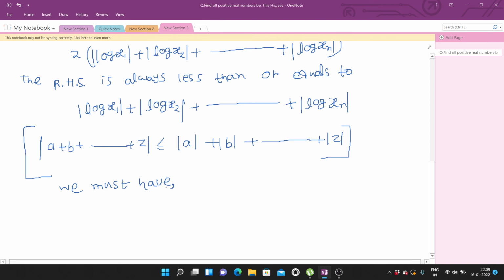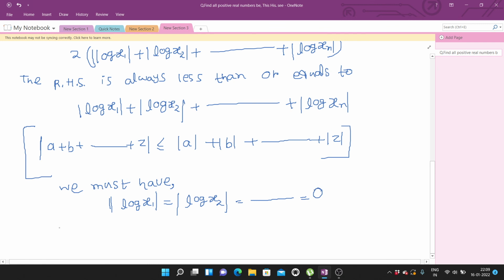If both things are equal, then the equality gives us: log x1 equals log x2 equals all those things equals 0, and similarly log xn equals 0.